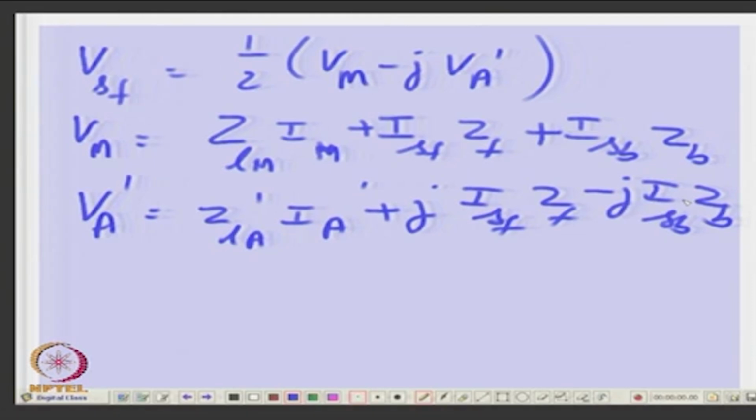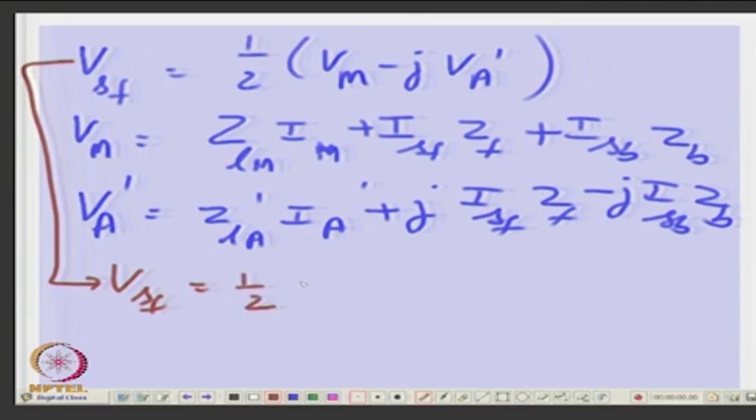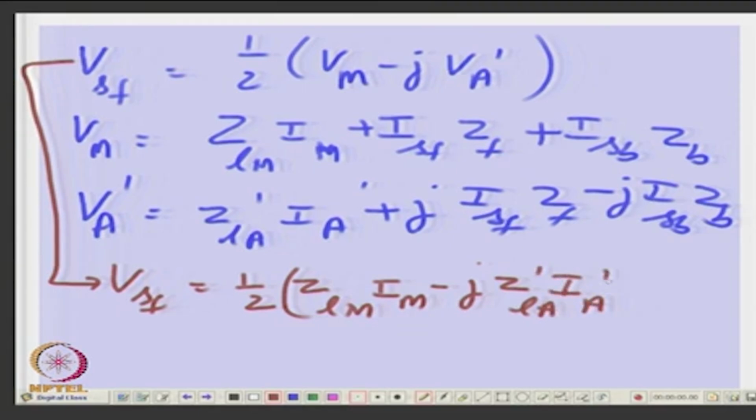Now, you find out what will be the V_sf now. Substituting this, it will be half of Z_lm I_m minus j times Z_la dash I_a dash.